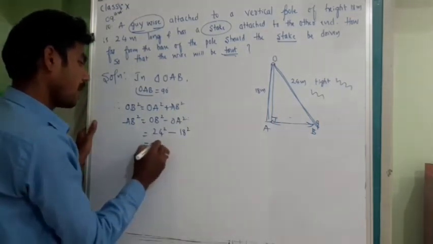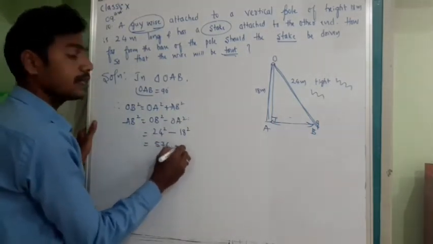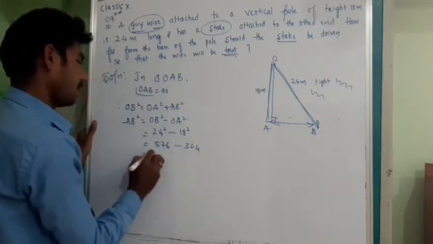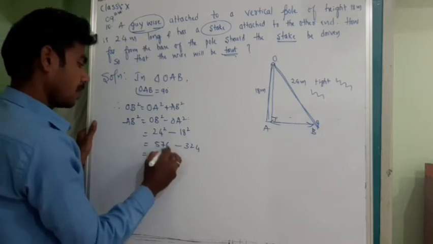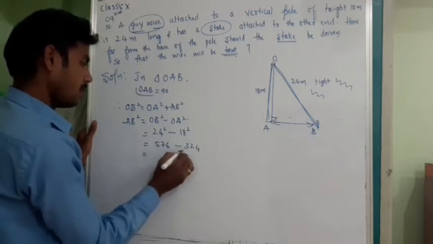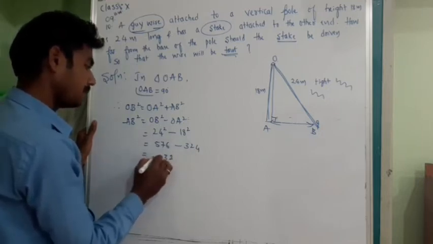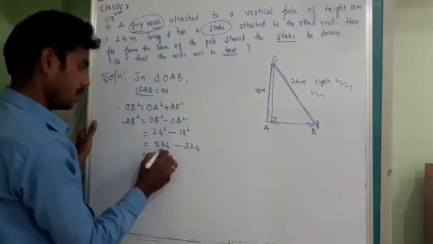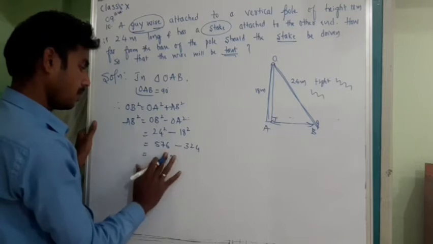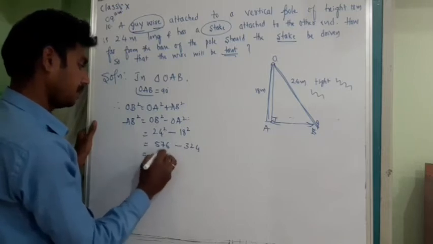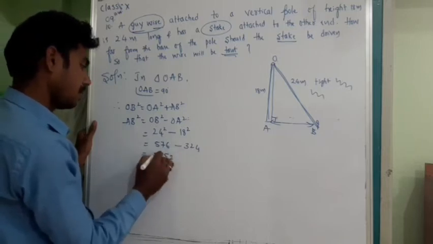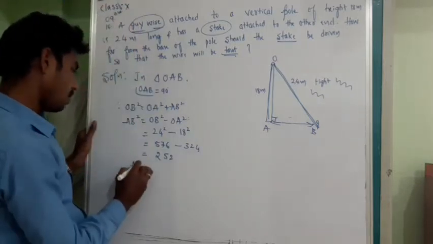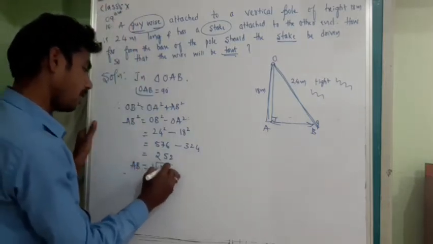What is 24 square? 576. What is 18 square? 324. Subtracting: 6 minus 4 is 2, 7 minus 2 is 5, 5 minus 3 is 2. So AB will be equal to square root of 252.